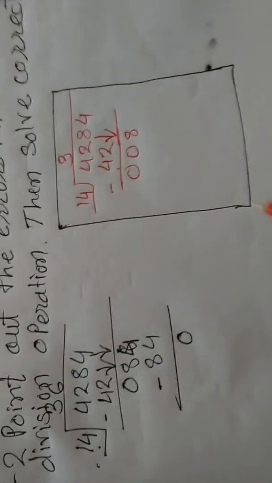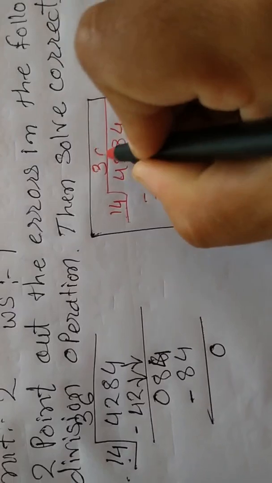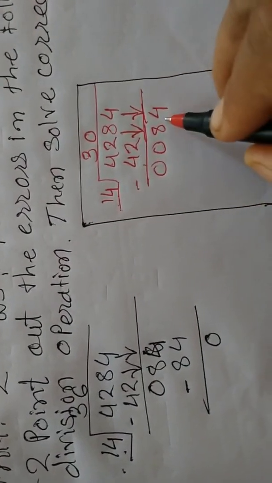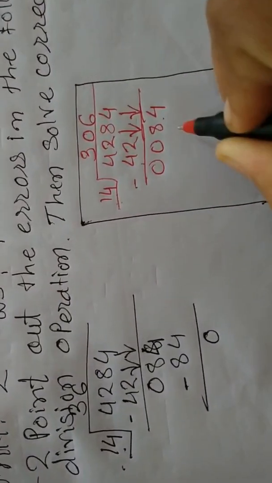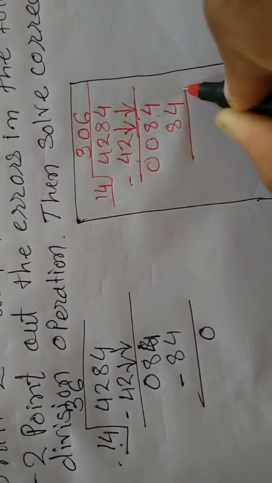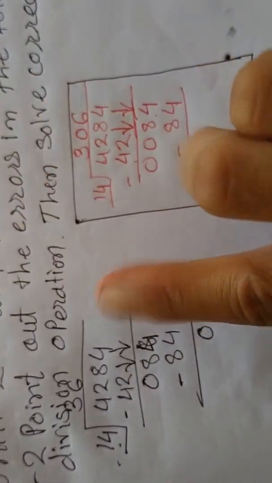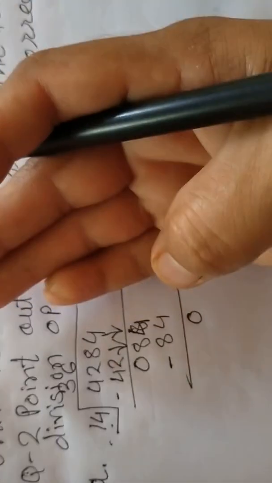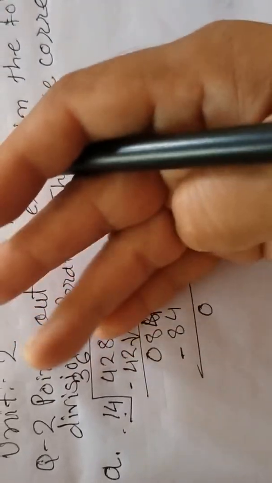So students, in that division is not possible, so we'll put here 0, and again we're bringing down here 4. Now 84 is there, so 14 sixes are 84. 4 minus 4, 0. 8 minus 8, 0.